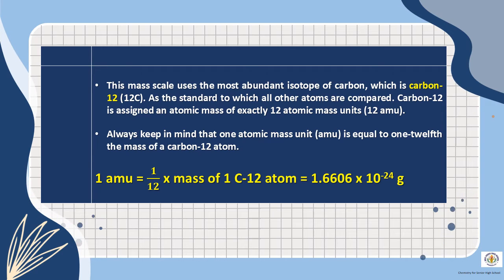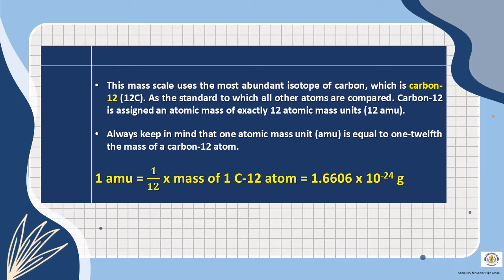This mass scale uses the most abundant isotope of carbon, which is carbon-12. It is the standard to which all the other atoms are compared. Carbon-12 is assigned an atomic mass of exactly 12 atomic mass units.